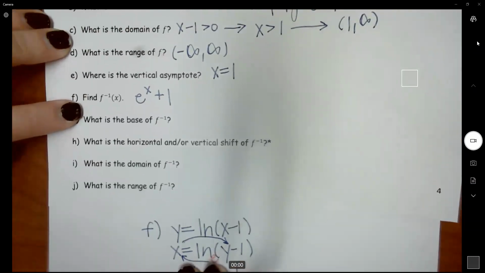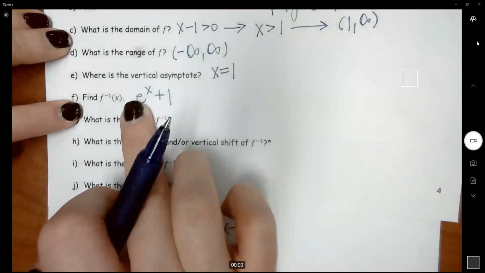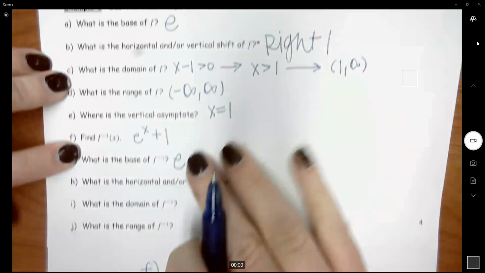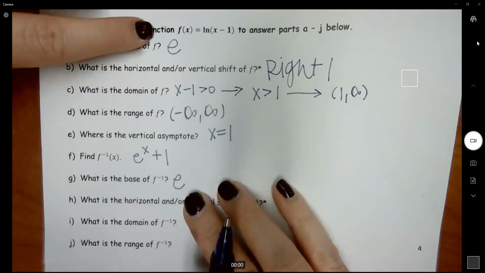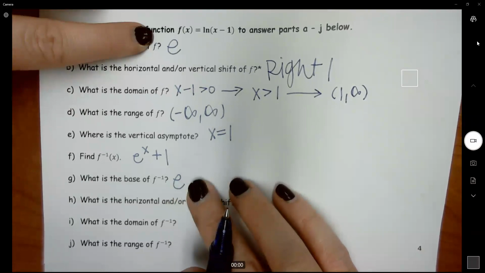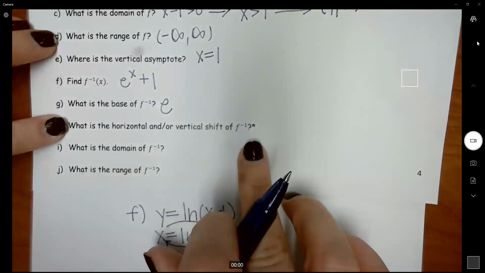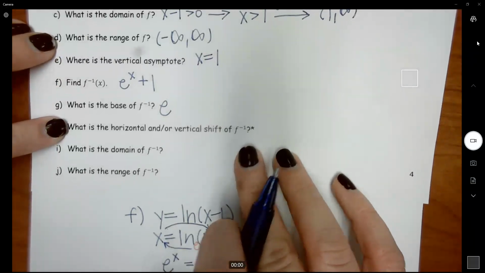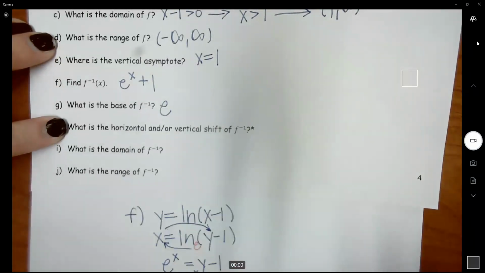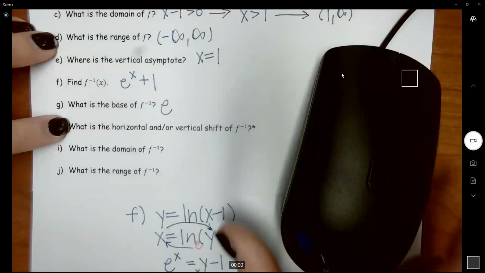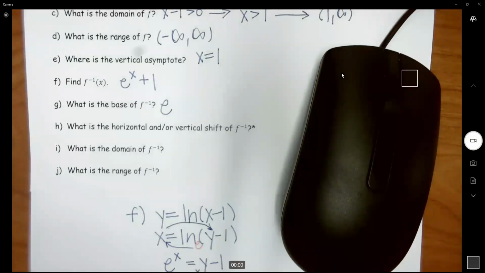So what is the base of my inverse? It is still e. Notice the base of both of my functions, the function and the inverse, are the same. What is the horizontal or vertical shift of my inverse?